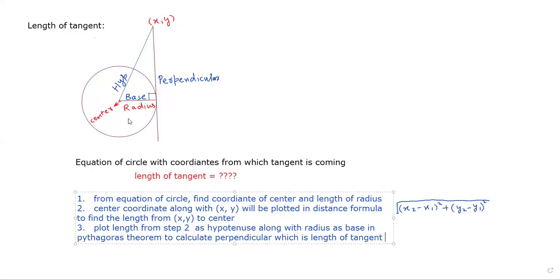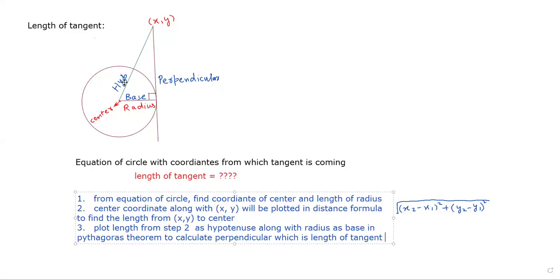Okay, this is the whole working which I'm going to do to get the result. First, from the equation of the circle which will be given, I will find the center and radius. That will be the first thing I'm going to do. After that, I will take this coordinate along with the circle center coordinate in the distance formula, and I will find this length. As the tangent and radius make 90 degrees, this will be a right angle triangle.